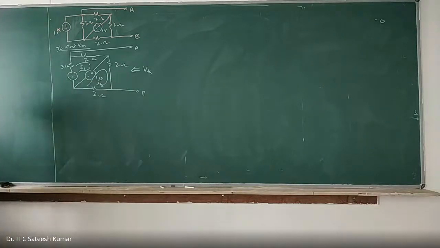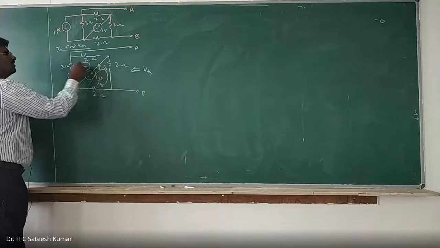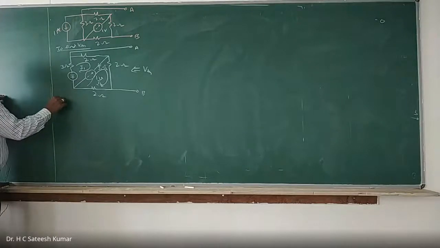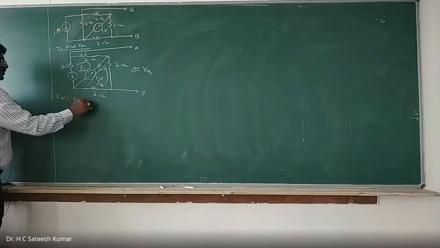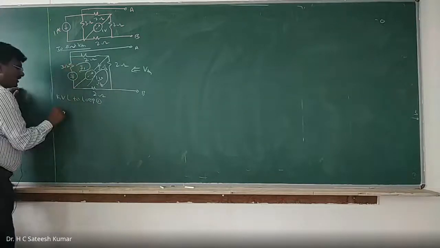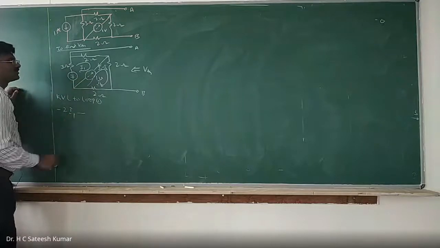Okay, right. Now, if you want, you can write I1 minus I2, but this is not required here. Now what should I do? Start from this point and write down the KVL. KVL to loop 1: minus 2I1, plus 2 minus is minus 1.